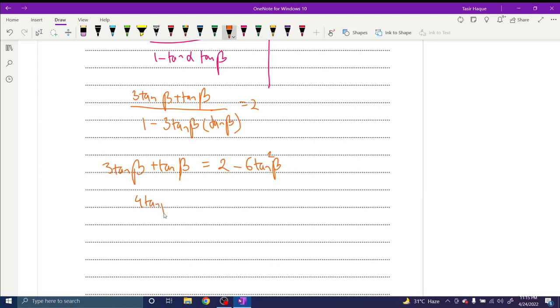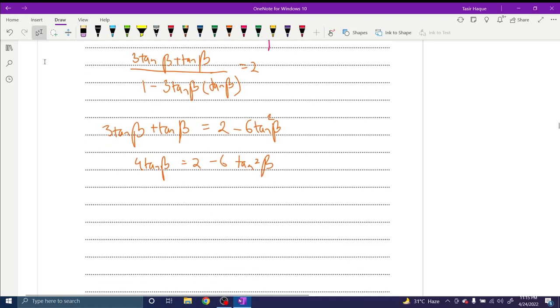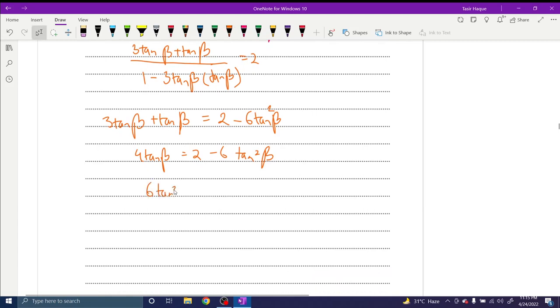So 4 tan beta is equal to 2 minus 6 tan square beta, or 6 tan square beta plus 4 tan beta minus 2 is equal to 0. 3 tan square beta plus 2 tan beta minus 1 is equal to 0. Let's solve this now.